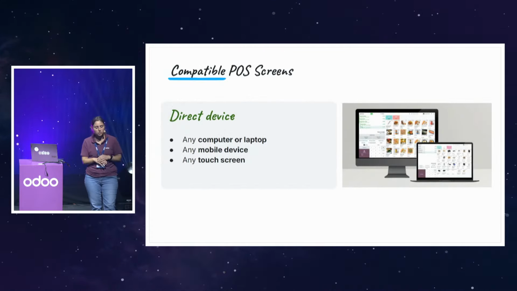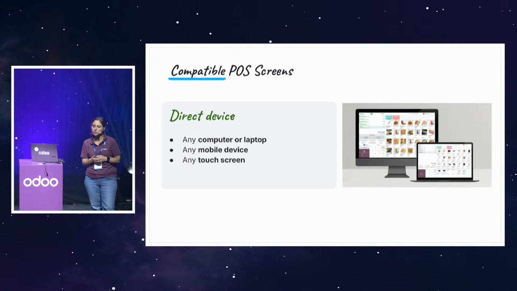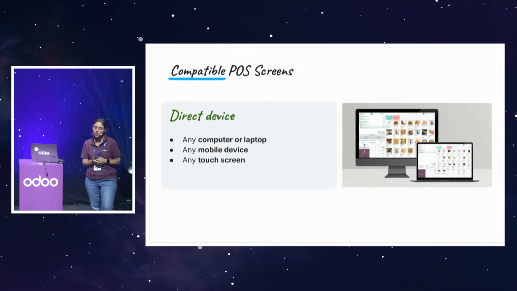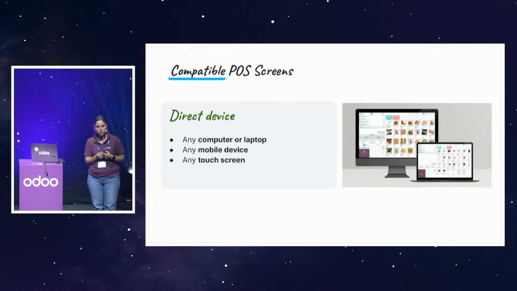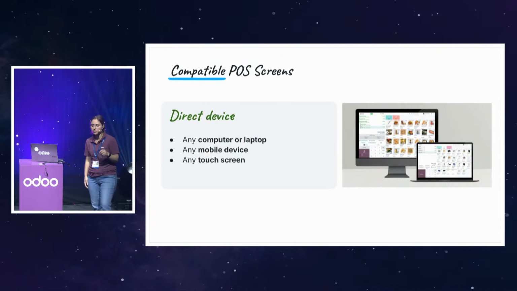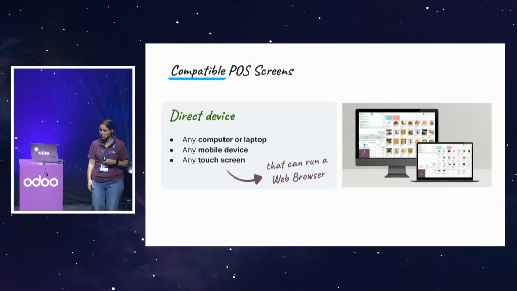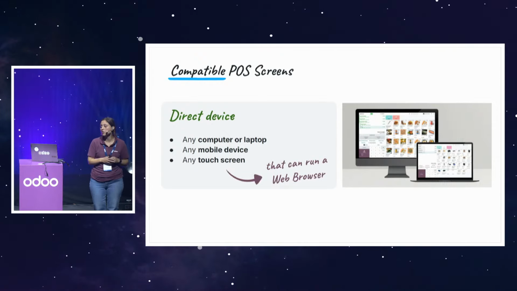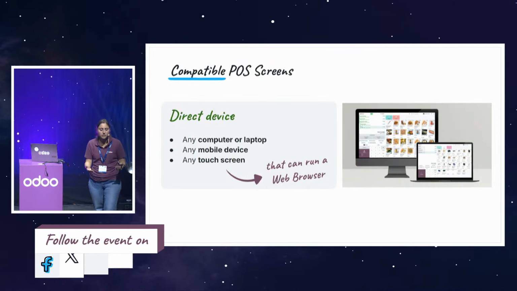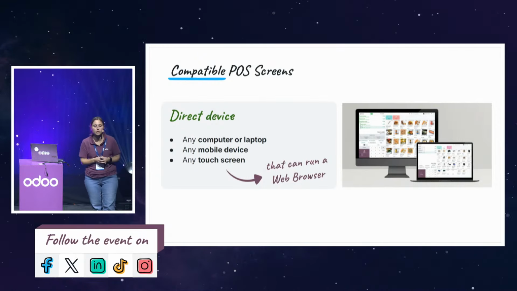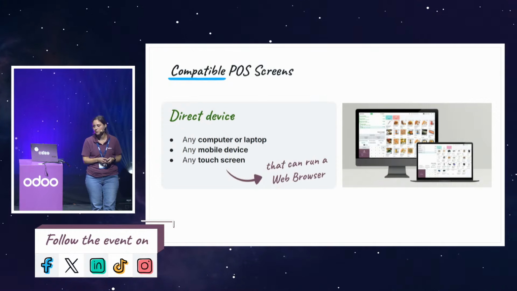Here, all screens are compatible. Those are direct devices. So any computer, laptop, mobile device, or touchscreen is going to work. The only thing you need to keep in mind is that you need to be able to run a web browser so you can open the database and work with the POS of Odoo.